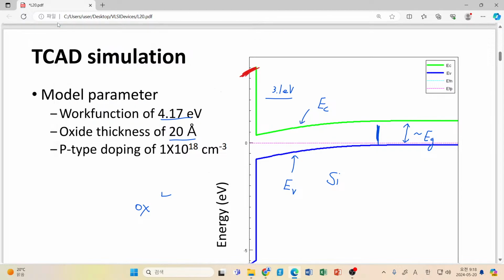Yes, we have a certain slope, so this is corresponding to our oxide field, and please have a look at this slope. Yes, this is corresponding to the surface field calculated from our silicon part, and you know that, yes, as expected, the silicon dioxide part has much steeper slope.